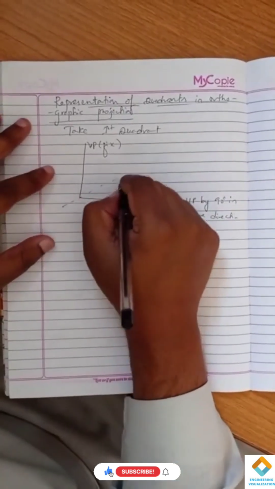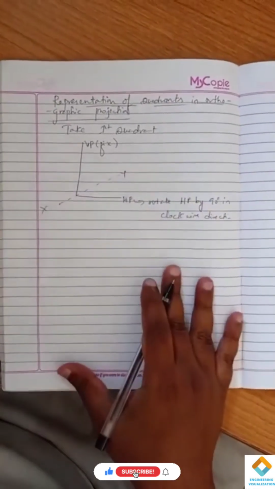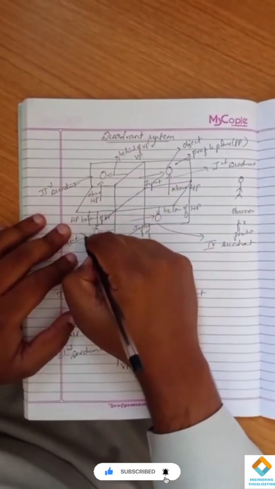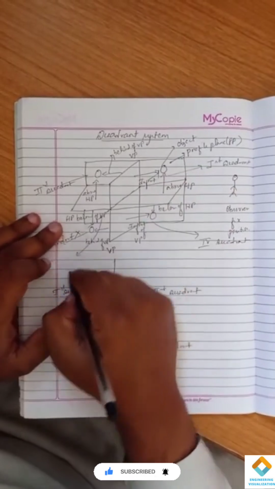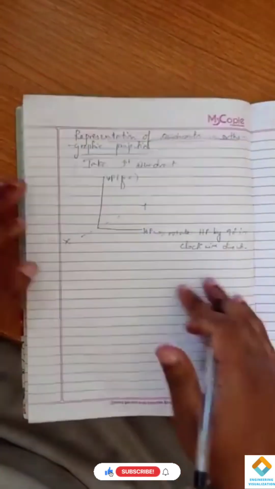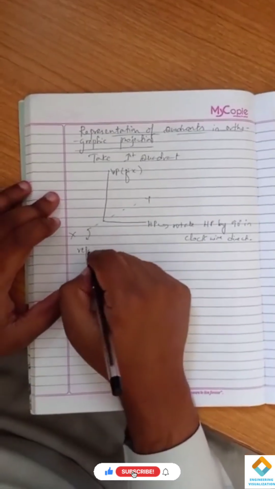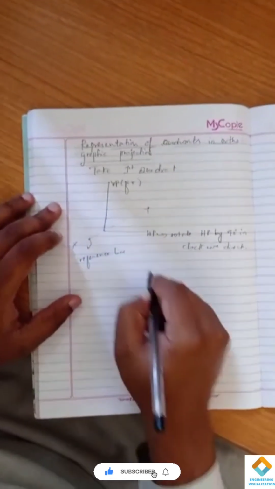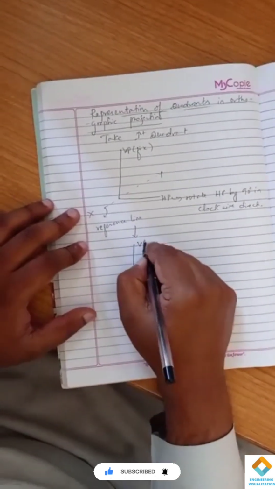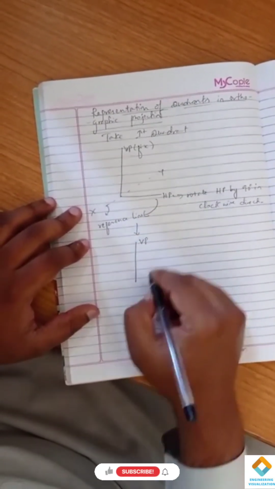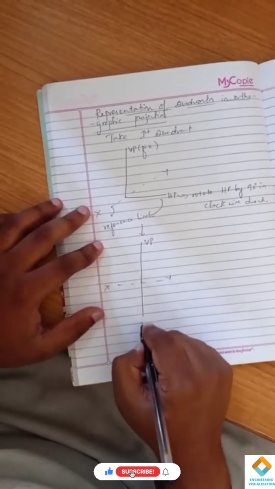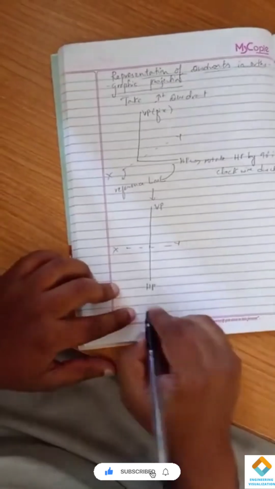There will be a reference line, and that reference line connects all the reference planes. You can see it in the first diagram also. As we have rotated the HP plane, in the next step the HP comes down below the reference line, and in the final step it becomes like this.